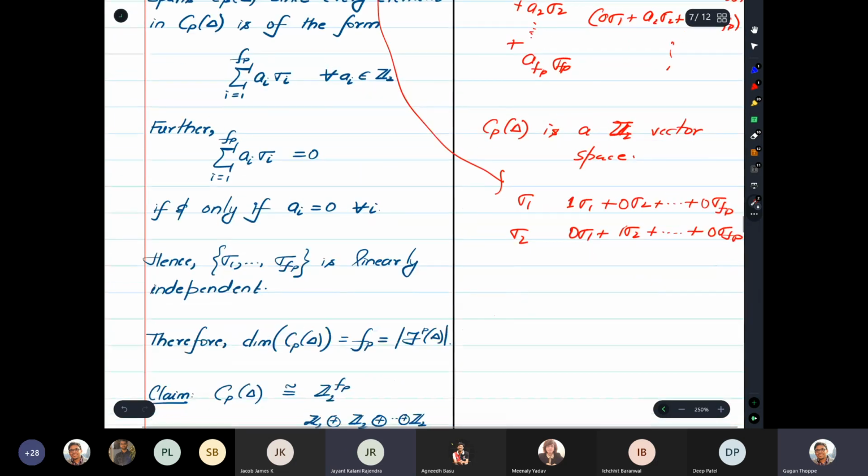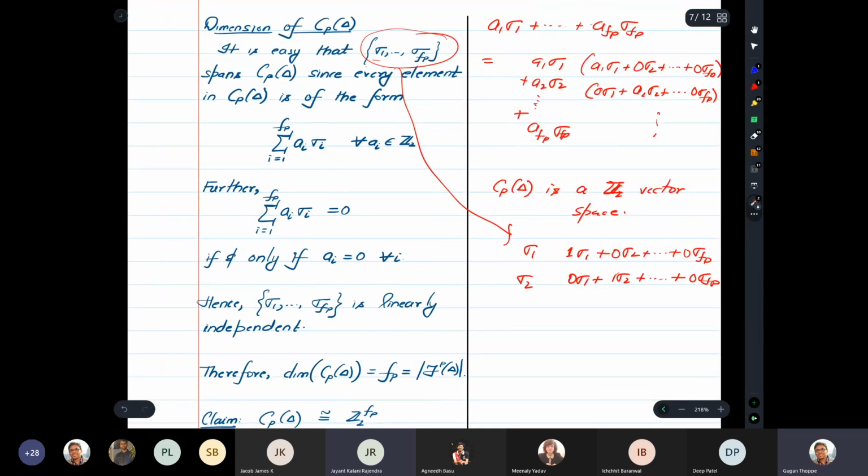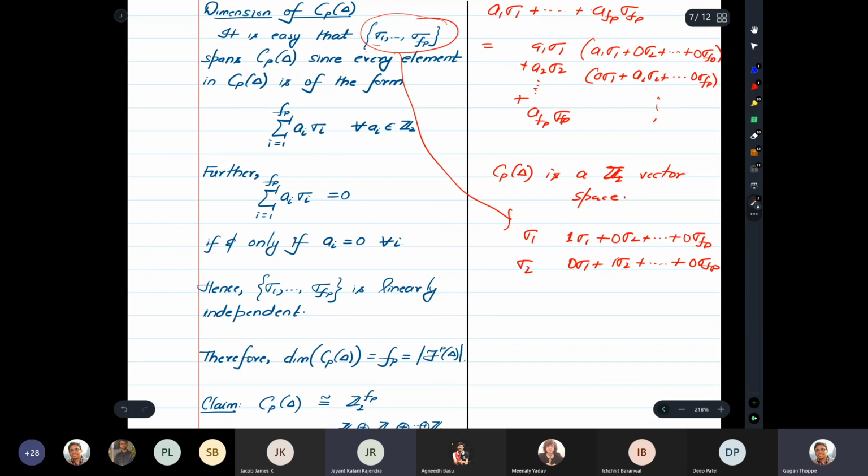Sorry about this. Is this clear? My claim is that this collection actually spans CP delta. So let's verify how it spans CP delta.